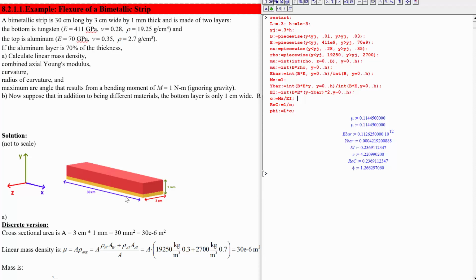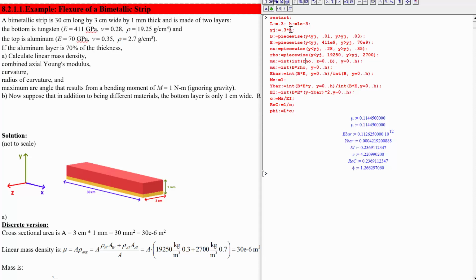The product of the stiffness and the width is what matters for this resistance here when we're figuring out the average Y position weighted by the stiffness. So by making the tungsten a lot thinner, it's kind of counteracting the fact that it's a lot stiffer and leading us to a Y value that is closer to the middle of the aluminum.